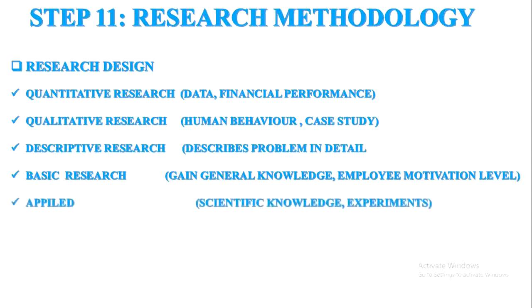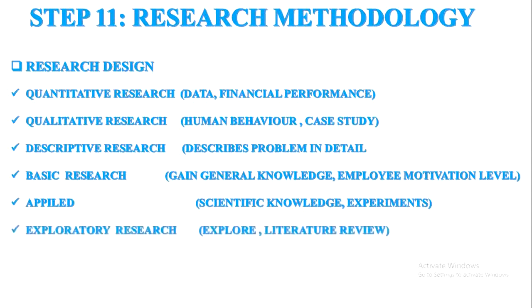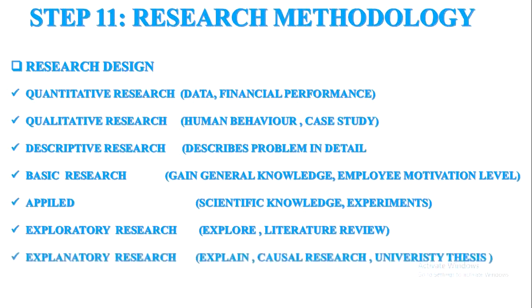Then another research design is applied research, which is totally based on scientific knowledge and experiments. Then there is exploratory research, which explores your variables, your problems, and its prime example is literature review. Then there is explanatory research, which explains a research problem, or it explains a causal relationship between your variables, such as your university thesis.